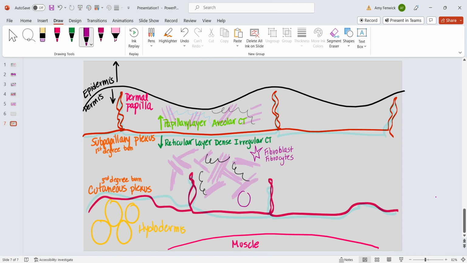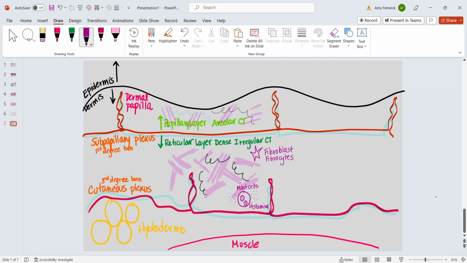There are also these big, huge cells with these vesicles in them, and every once in a while these cells can be provoked to release their vesicles. These cells here are called mast cells. They're actually part of your immune system, and what they're releasing is histamine.